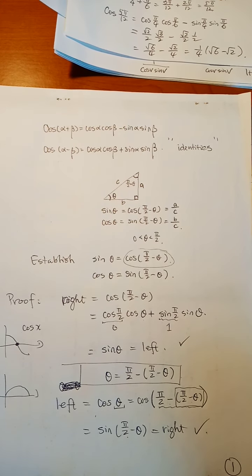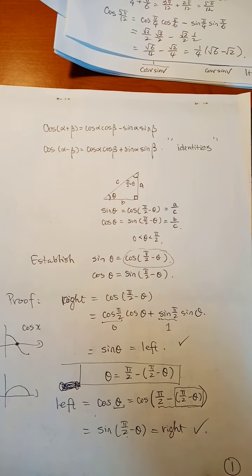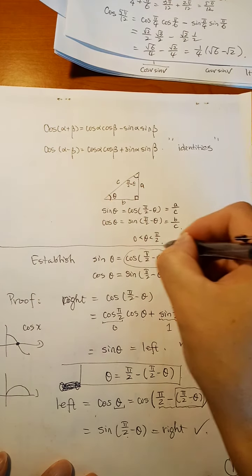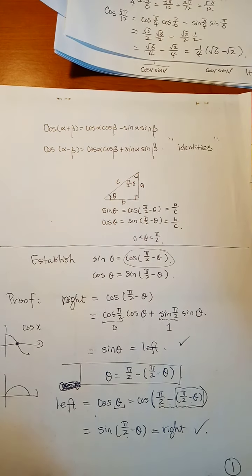Right? So this is a tricky proof. The reason we apply this tricky proof is that we don't have the sum and difference rule for sine so far.